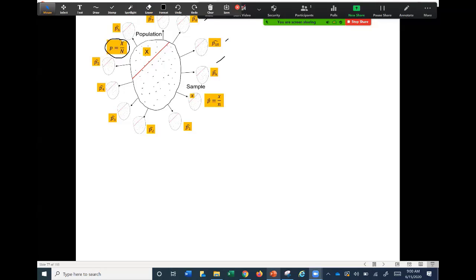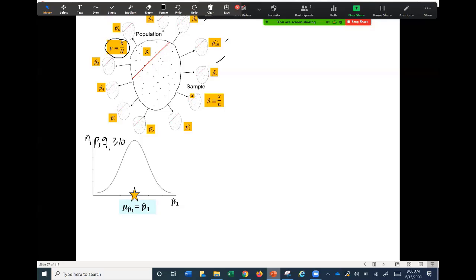Remember, the sample size is big enough for proportion when n1p1 and n1q1 are greater than 10. Given this condition, we can assure that the distribution of all sample proportions is normally distributed, and the center of the distribution will be the true proportion of the population. That is the sampling distribution for proportion.